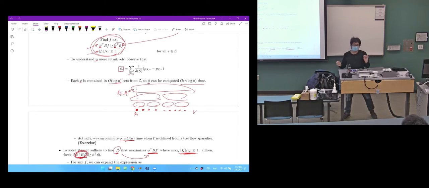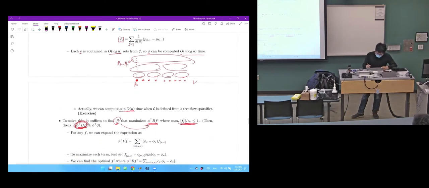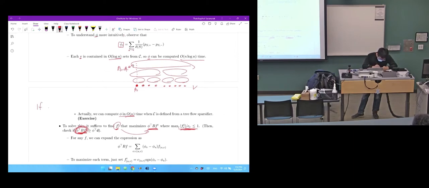But I claim that if, after you maximize it, this thing is less than this part, then you can find the violating cut, and you're done too. So you either find a solution to the average problem, and you can feed it to multiplicative weight update, or you find a violating cut. That's our plan. But if some average of constraints is violated, then there must be one constraint that is violated.